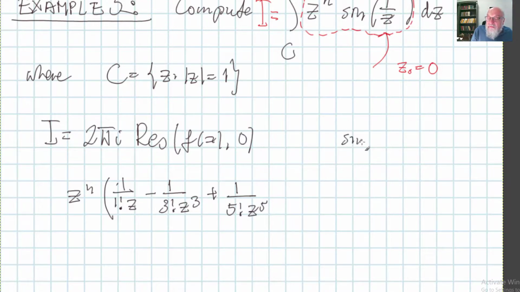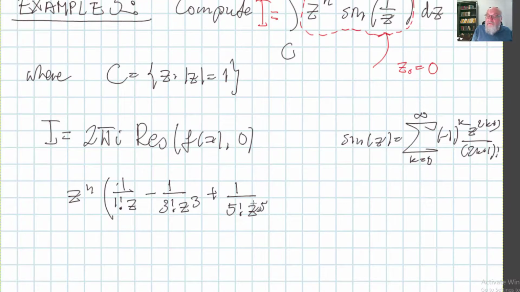And that's exactly, because we remember sine of z is equal to the sum, k equals 0 to infinity, of minus 1 to the power k, z to the 2k plus 1 over 2k plus 1 factorial. So I just simply replace z by 1 over z, and that's what we are getting. Minus 1 over 7 factorial z to the power 7, plus and so on.